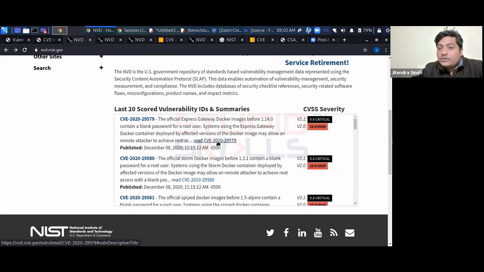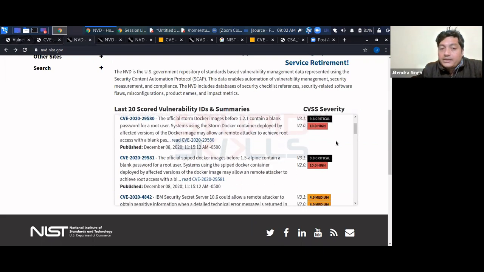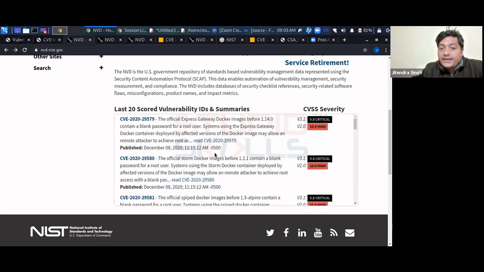Then based on the score, you would see that it has been given a color. So something that is 10 is high, and something that is 9.8 is critical. Okay, and it has also published the dates on which it was actually listed. So this is the latest one that they have.